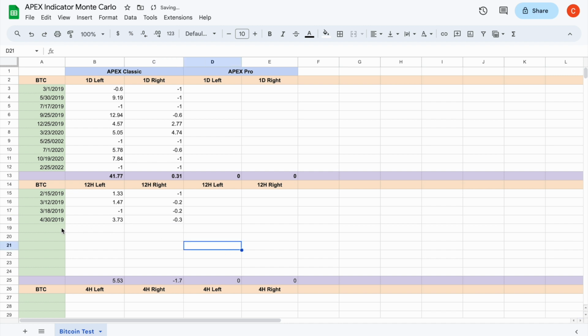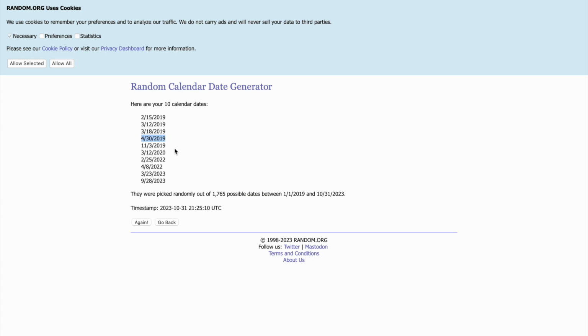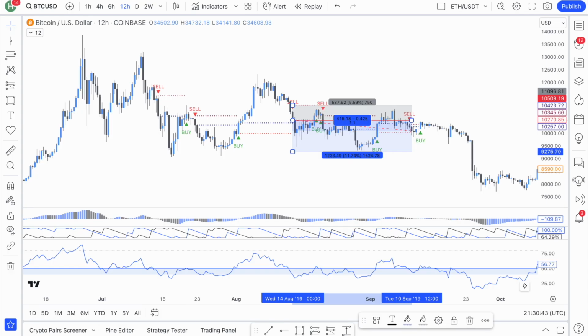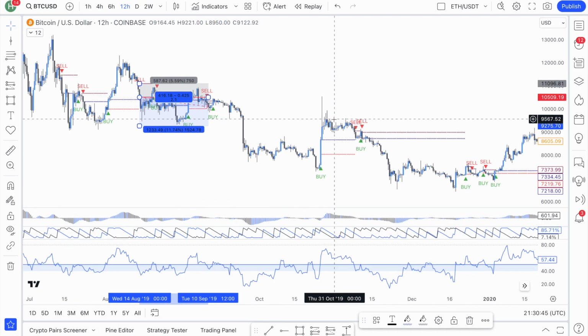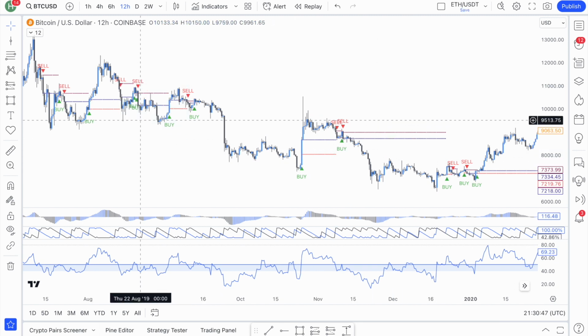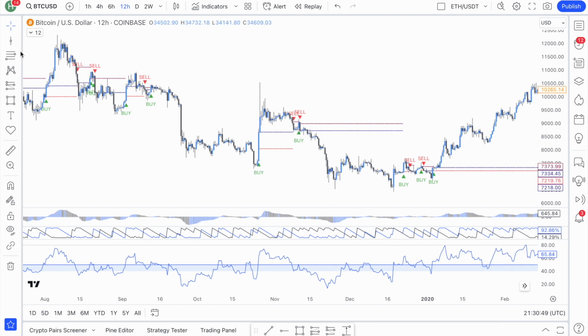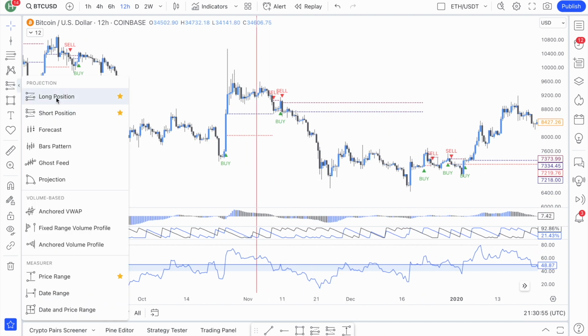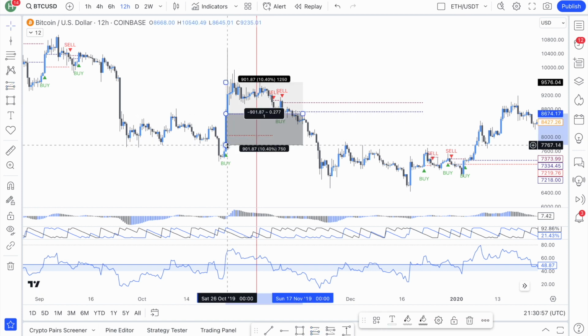All right, so next up, November 3rd, 2019. We're gonna go here. See, where's it at? 3rd. So the one on the left is going to be a long position here.